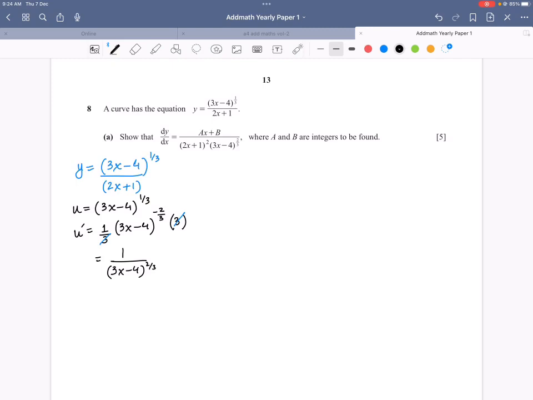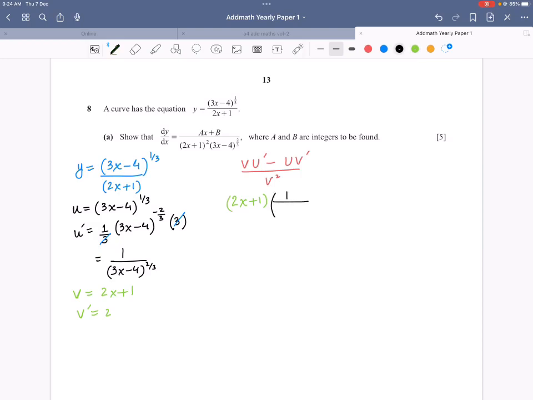Alright, so we have solved the numerator part. For the denominator, it's v. So v is 2x plus 1. The derivative of v is 2. Now the working formula says v times the derivative of u minus u times the derivative of v, divided by v square. Plug in the values here. v is 2x plus 1. The derivative of u we have found already.